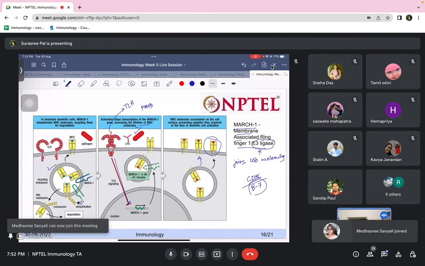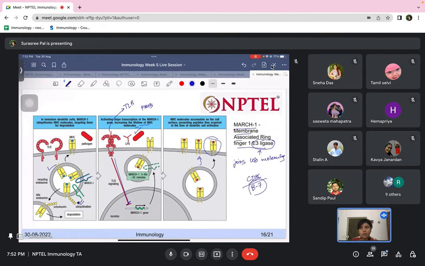So the MHCs are always expressing some peptides on the surface. But when a cell is expressing this MHC peptide complex and it is not recognized by the T cells, then what will happen? The T cell will recognize it as self, and it will not react to it, it will not be activated. So then these MHC molecules will be recycled.